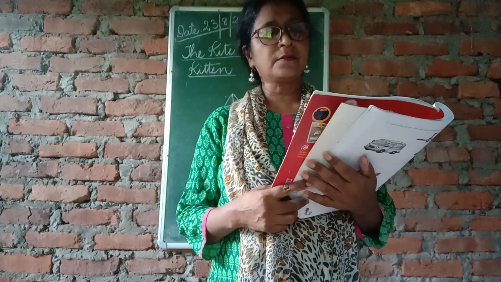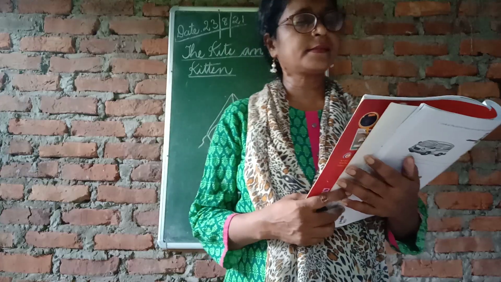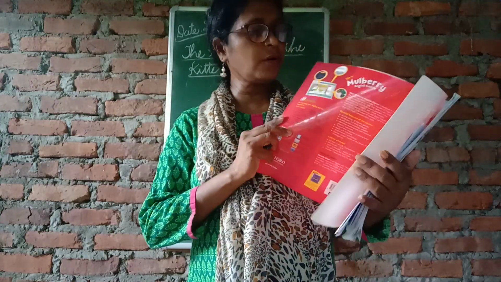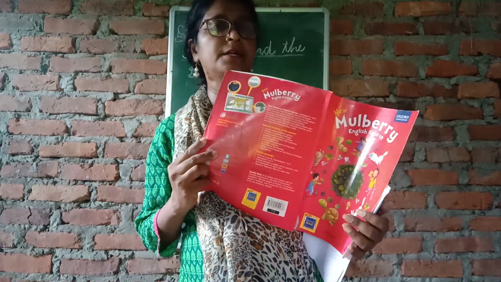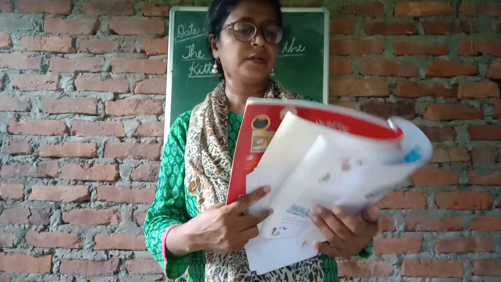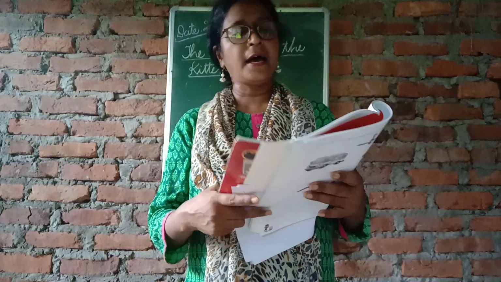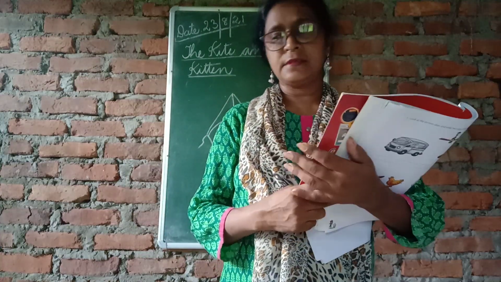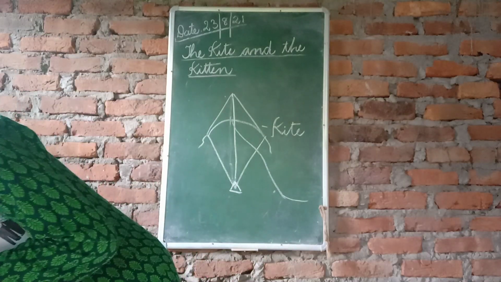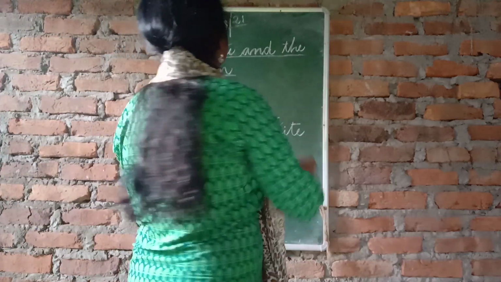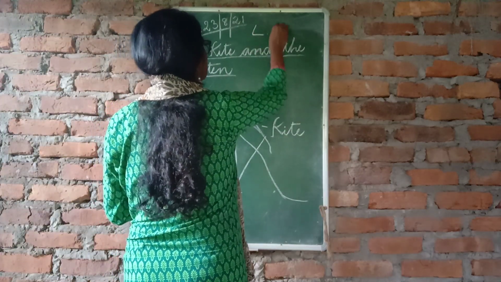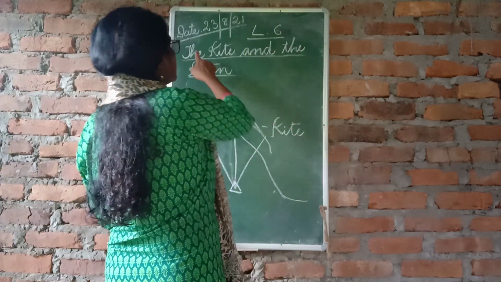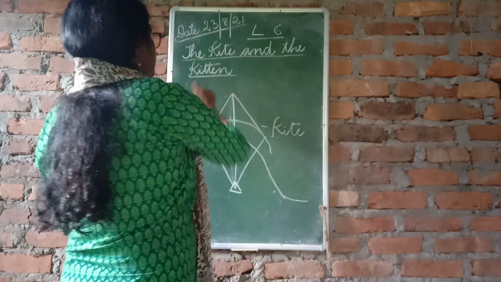So let's start our first class with the lesson. Take out your Mulberry English textbook and turn to page 55, lesson number 6, The Kite and the Kitten.